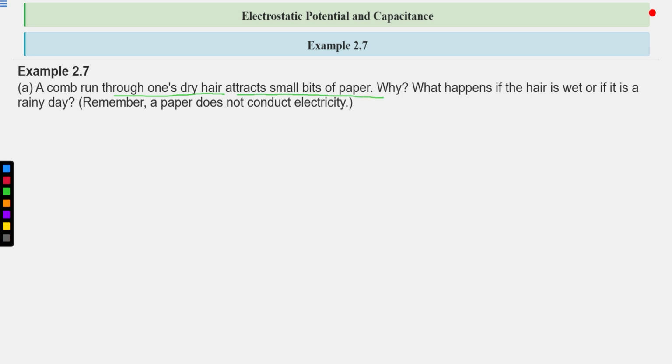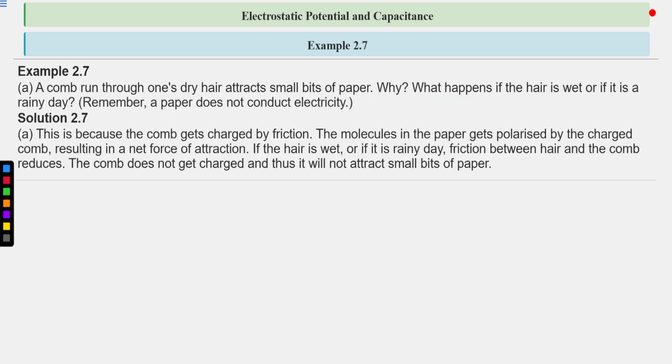So it attracts small bits of paper. Okay, this is the first question. Then what happens if the hair is wet or if it is a rainy day? Remember, paper does not conduct electricity. Paper is an insulator. So this is because the comb gets charged by friction. When we rub a scale or a comb in dry hair, due to the friction between the scale and the dry hair, some charge appears on the scale.